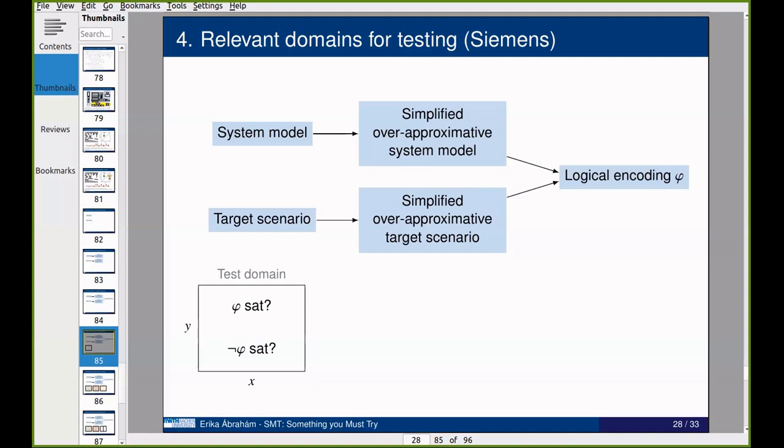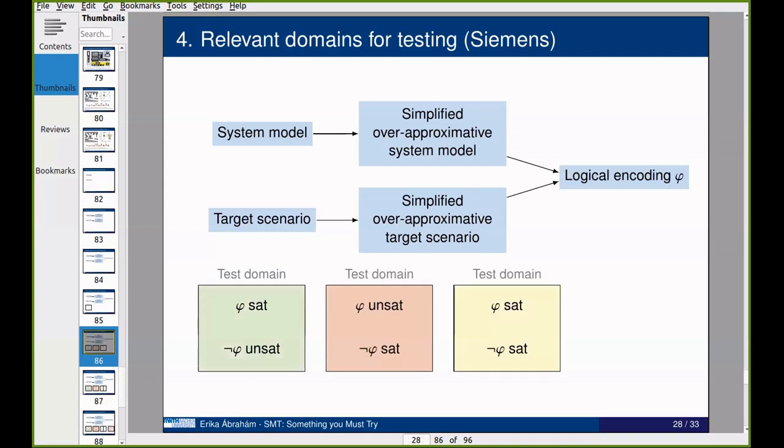If both of them are satisfiable, so if the first is satisfiable but the second not, that means there is no test case... If there's a test case but the negation is unsatisfiable, then the whole domain is a test case. And if it is mixed, then we can split it and do the same on the parts.